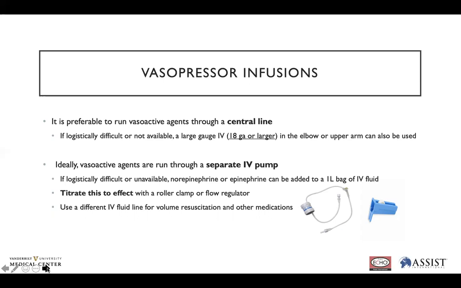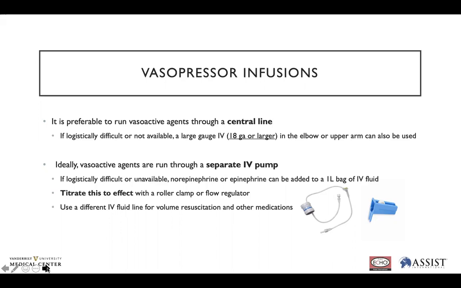You can add either norepinephrine or epinephrine to a bag of fluid of any size. 1 liter is probably the most reasonable because that's the most easily available. And many people have these flow regulators, shown here, it probably looks like this small white apparatus on the left of the screen, that picture there. You can use a flow regulator to help to titrate your vasopressor to effect.